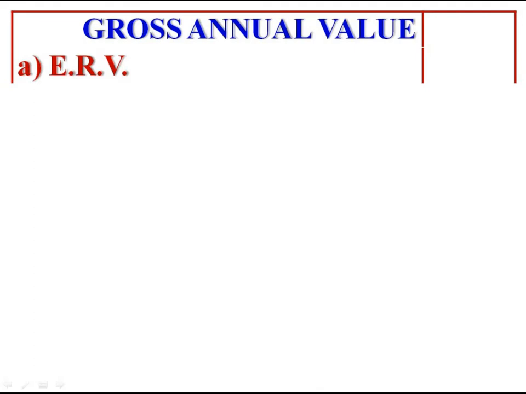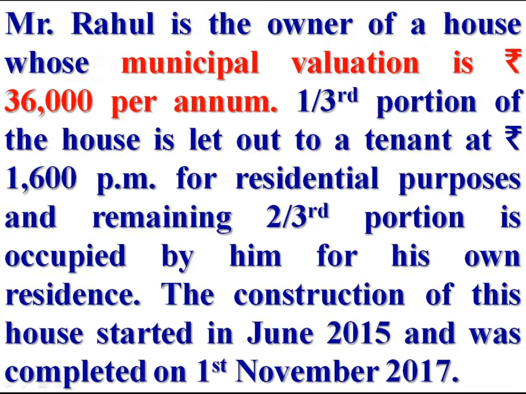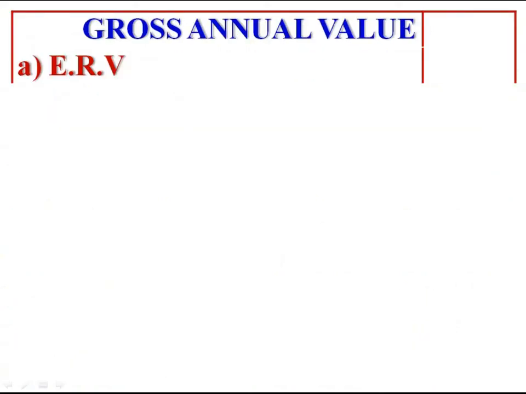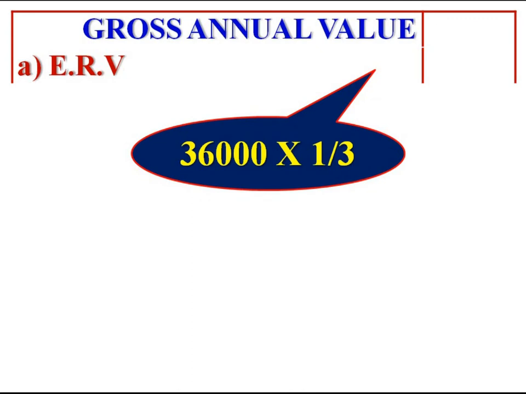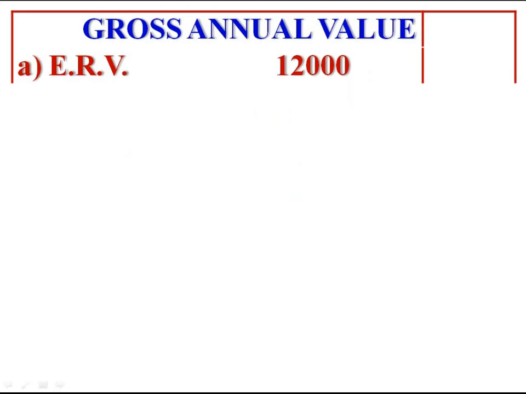For computing expected rental value, we are given municipal valuation rupees 36,000 per annum for the entire house. Therefore, municipal valuation of the 1/3 portion, 36,000 into 1/3, rupees 12,000.